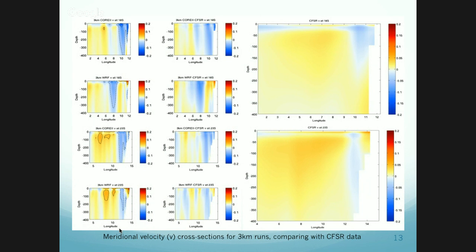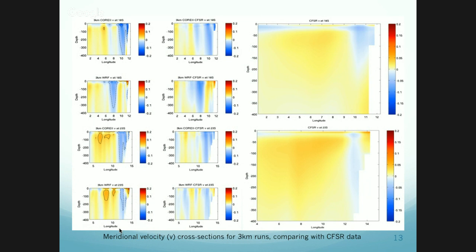And we see in the CFSR field here there's a countercurrent, but we see in the WRF forcing this countercurrent actually moves westward to around 8 degrees.